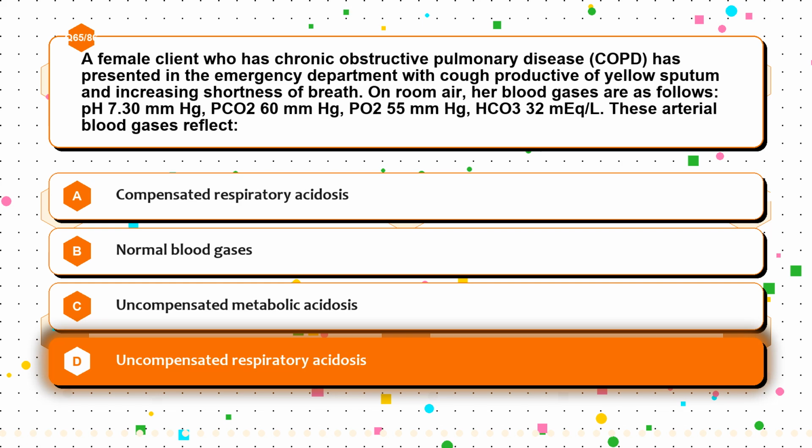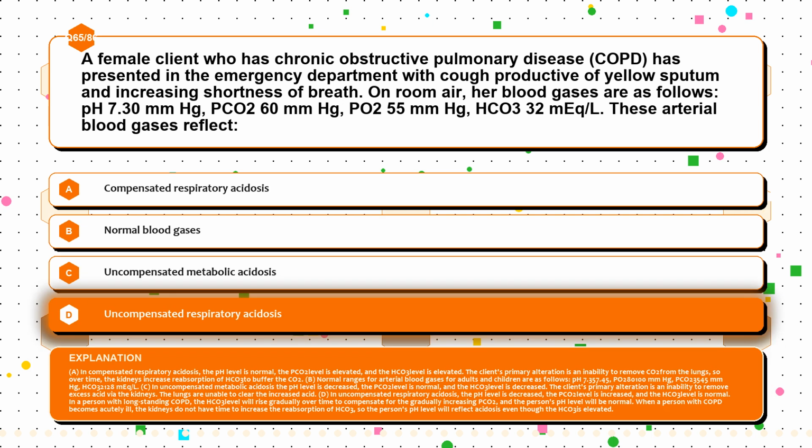The correct answer is option D: uncompensated respiratory acidosis. In compensated respiratory acidosis, the pH level is normal, the PCO2 level is elevated, and the HCO3 level is elevated. The client's primary alteration is an inability to remove CO2 from the lungs, so over time, the kidneys increase reabsorption of HCO3 to buffer the CO2.